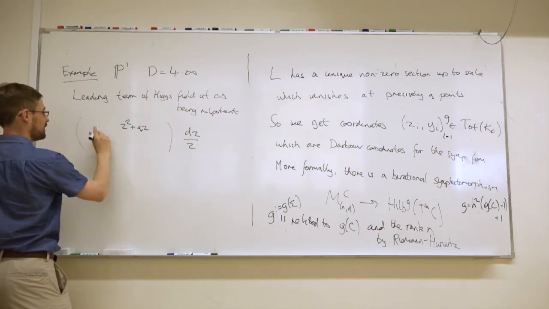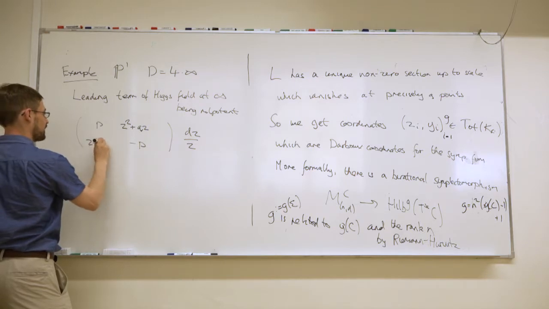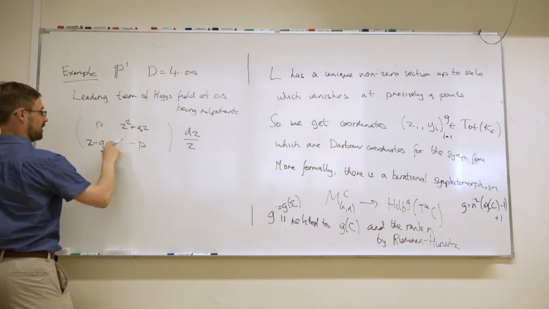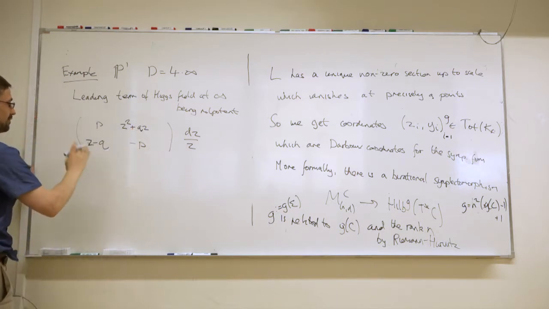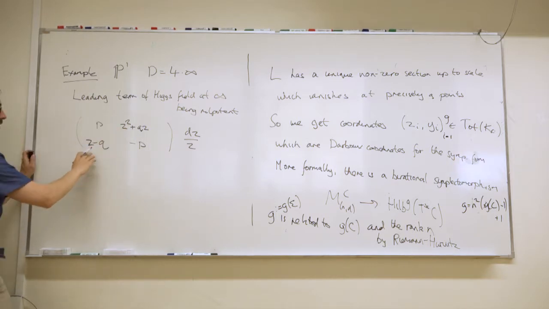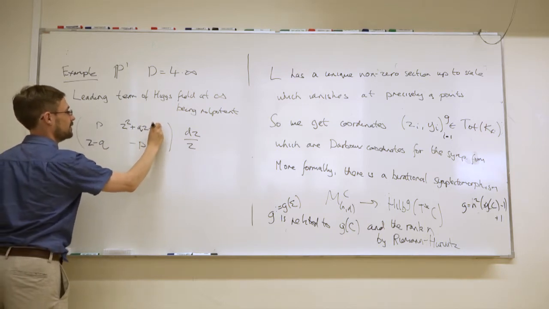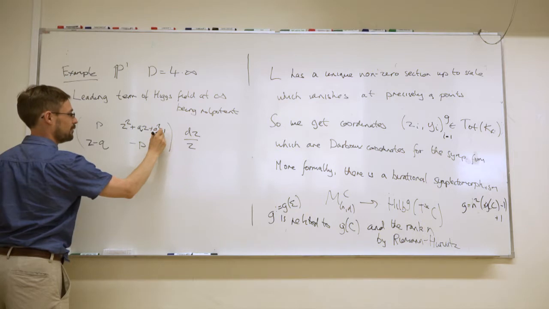So you can make this constant, and you can insist that, if you like, the center of mass of the zeros of the quadratic differential you get as its determinant is 0.